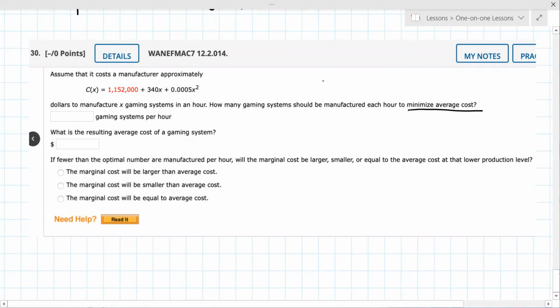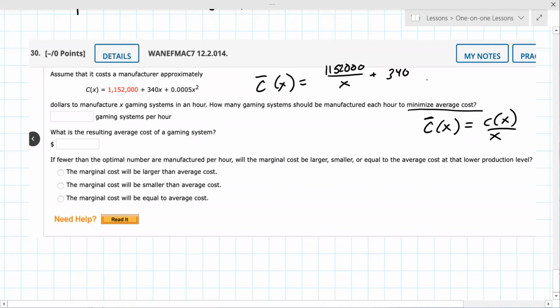Average cost is C bar of X, and that is C of X divided by X. So you have to take this function here, and to find C bar of X, you have to divide this by X. So it's 115200 over X plus 340 because the X's cancel, plus 0.1235x because X squared cancels with 1x. To minimize average cost, you have to take a derivative of this. You have to find C bar prime of X.